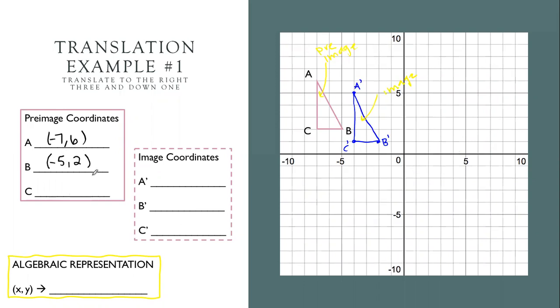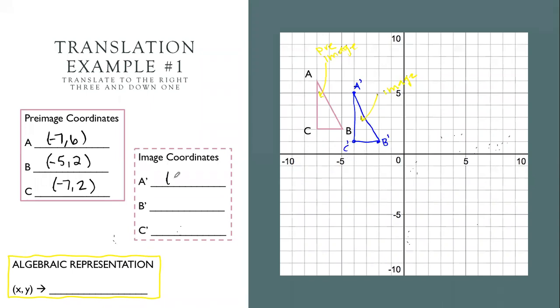And if you do not know how to read ordered pairs, this is the time to ask, wait, Ms. Patterson, I don't get it. What do you mean negative 5, 2? All right, where's C? Negative 7, 2, yes. Okay. Where's A prime?